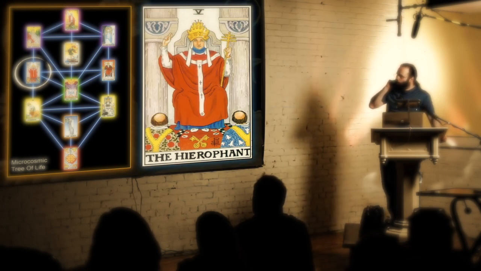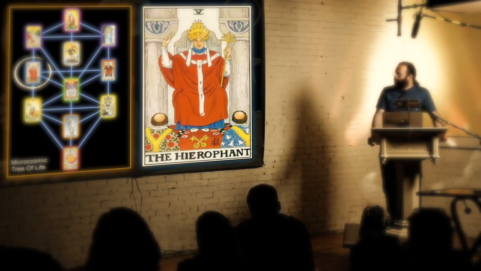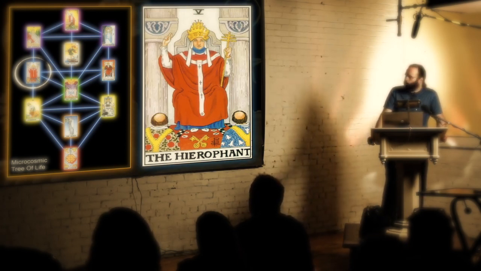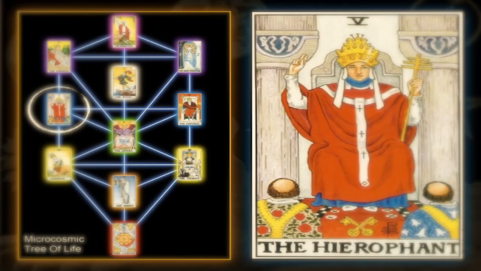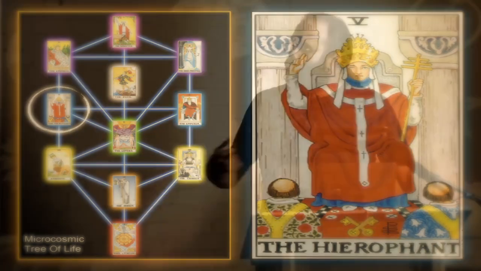Let's move up another level, and we are at the severity Sephirot. Geburah, the Hierophant is there. Now, this card is placed on the pillar of severity. It's at the sphere called severity, Geburah, and this card represents working with the self, actually motivating yourself to change. And that's why it's called severity.